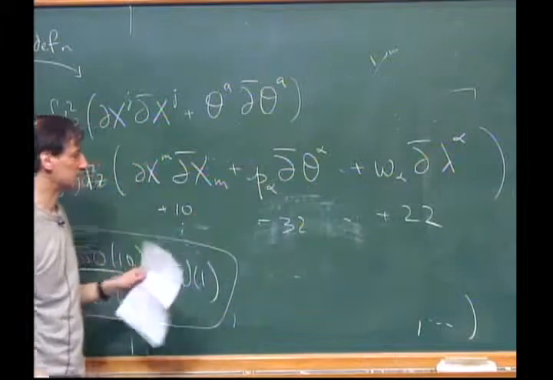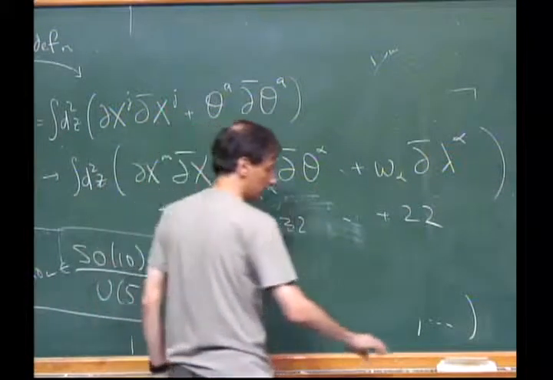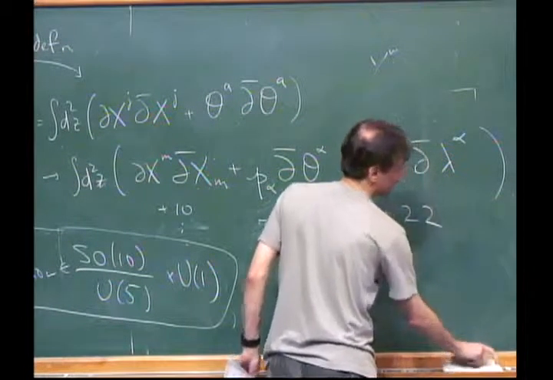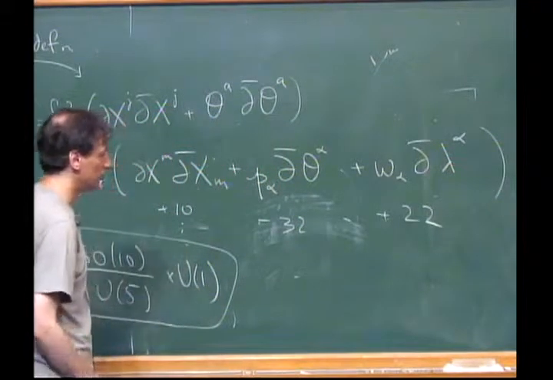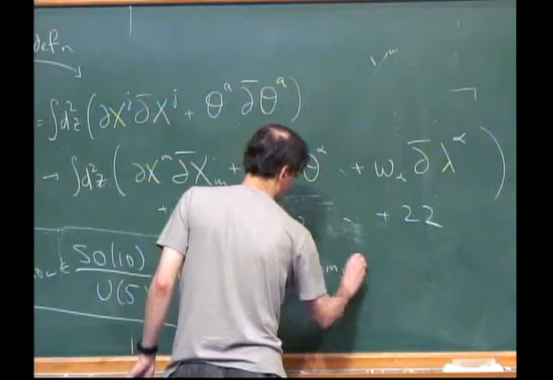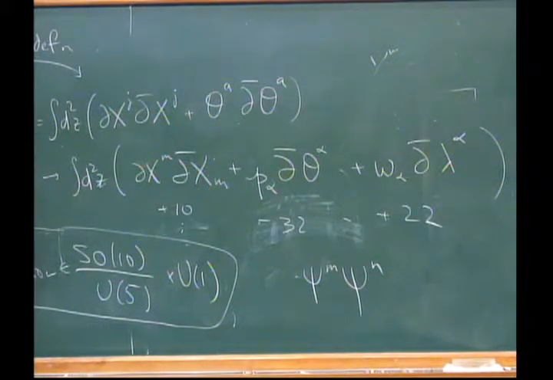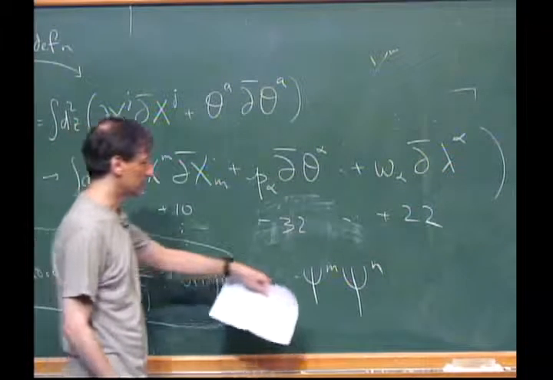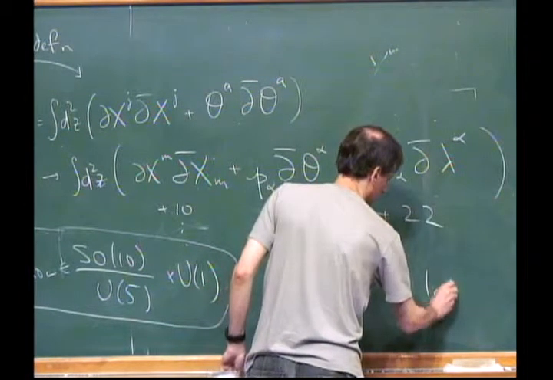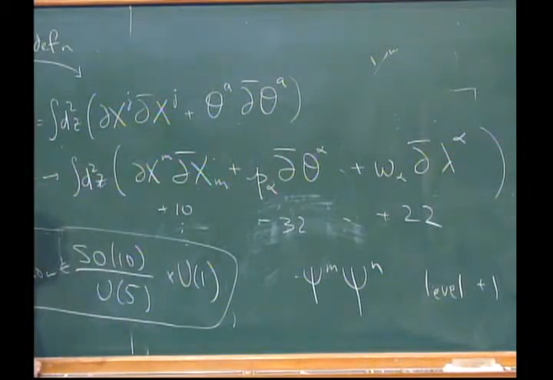It gives you central charge 0, as you need for a twisted N=2 theory. There's one more nice thing you can test, which is that the level of the Lorentz algebra is the same as you have in the RNS formalism. So of course, the Lorentz generators in the RNS formalism are just psi m, psi n. Now, this has level +1 if you look at the SO(10) Kac-Moody algebra.